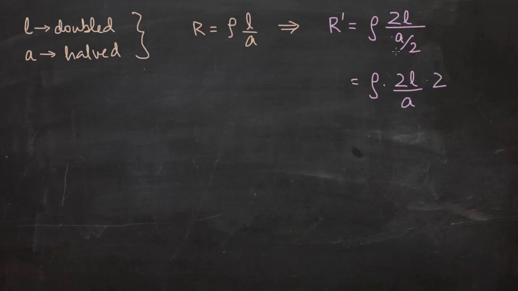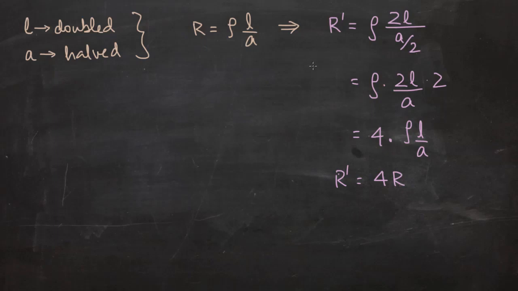This 2 in the denominator of A by 2 comes to the numerator. It would turn out to become 4 times rho L by A. But rho L by A was the original resistance. So I can write R dash, which is now my new resistance, is 4 times the original resistance.